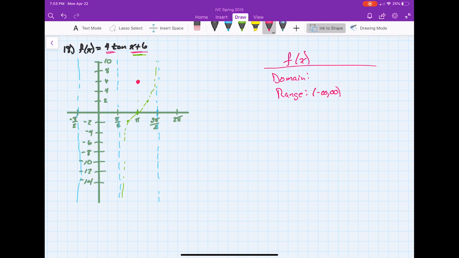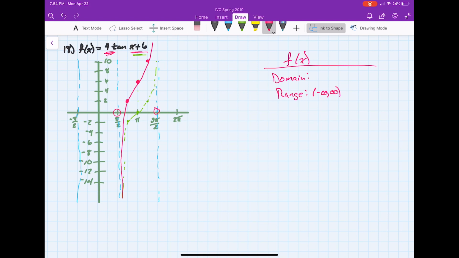And because we have this 4 out in front, that means our amplitude is 4. So we're actually going to go up 4, and halfway between pi and 3 pi over 2 is where that point is. And same thing for the other side. So here is what this graph would actually look like.